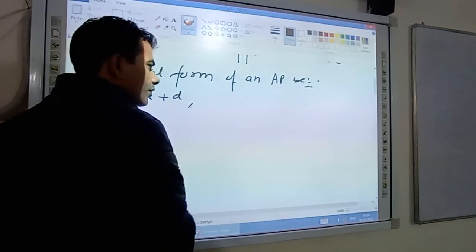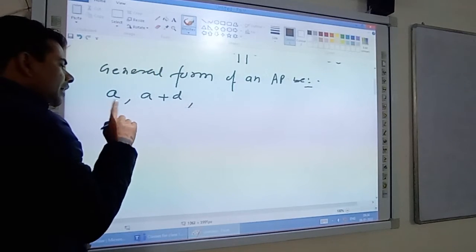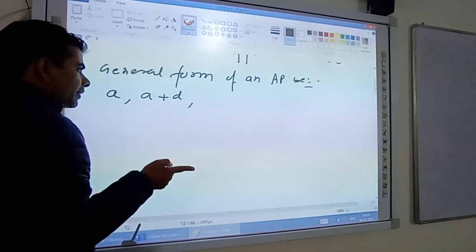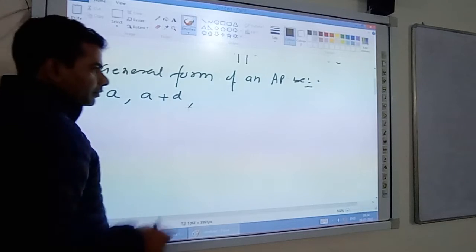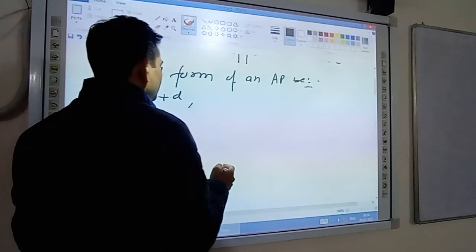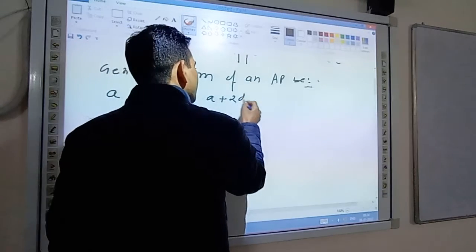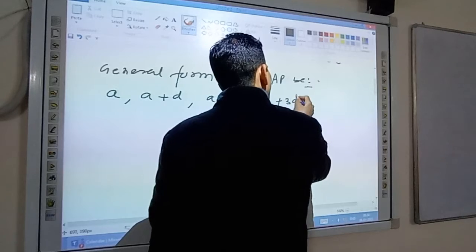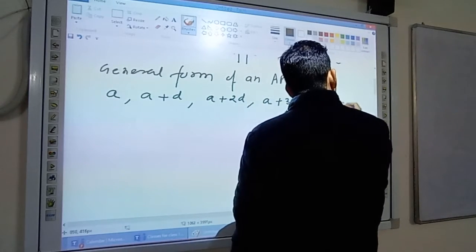If the common difference is D, the second term is A plus D. What will be your third term? A plus 2D. The next term will be A plus 3D. Then A plus 4D, and so on.